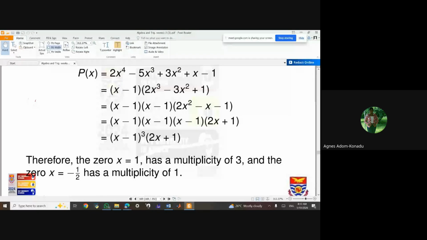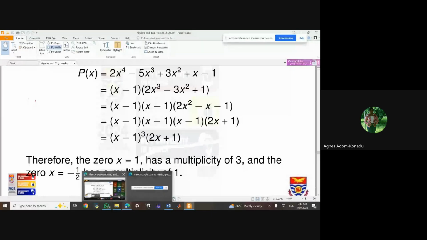This means the factor x minus 1 has multiplicity 3 and the factor 2x plus 1 has multiplicity 1. Or you can say that the zero x equal to 1 has multiplicity 3, and the zero x equal to negative half has multiplicity 1.